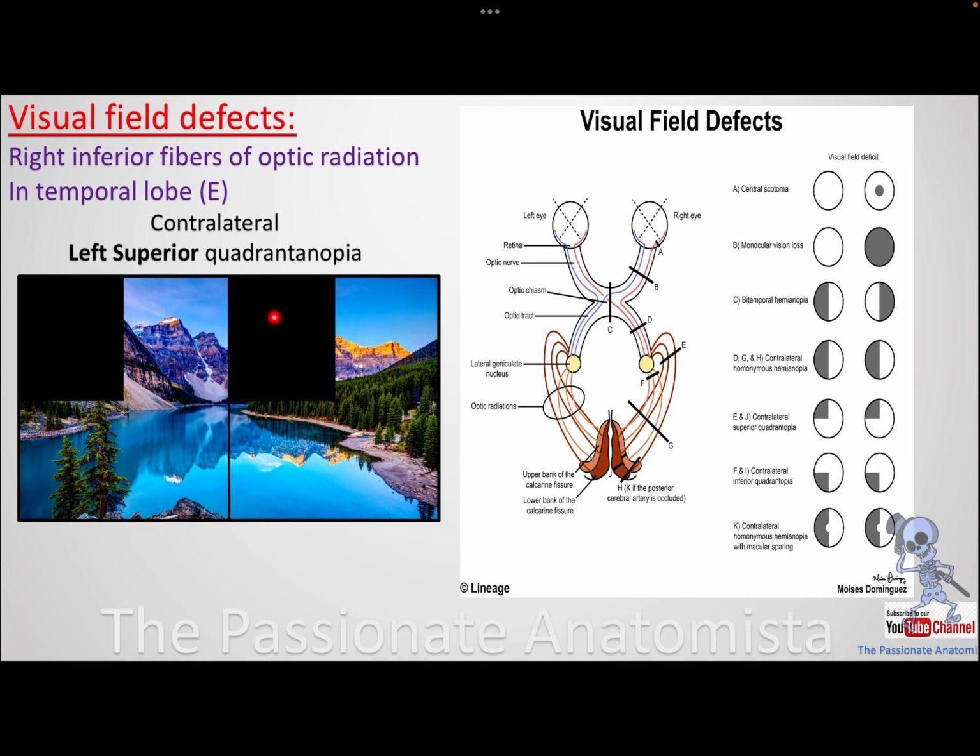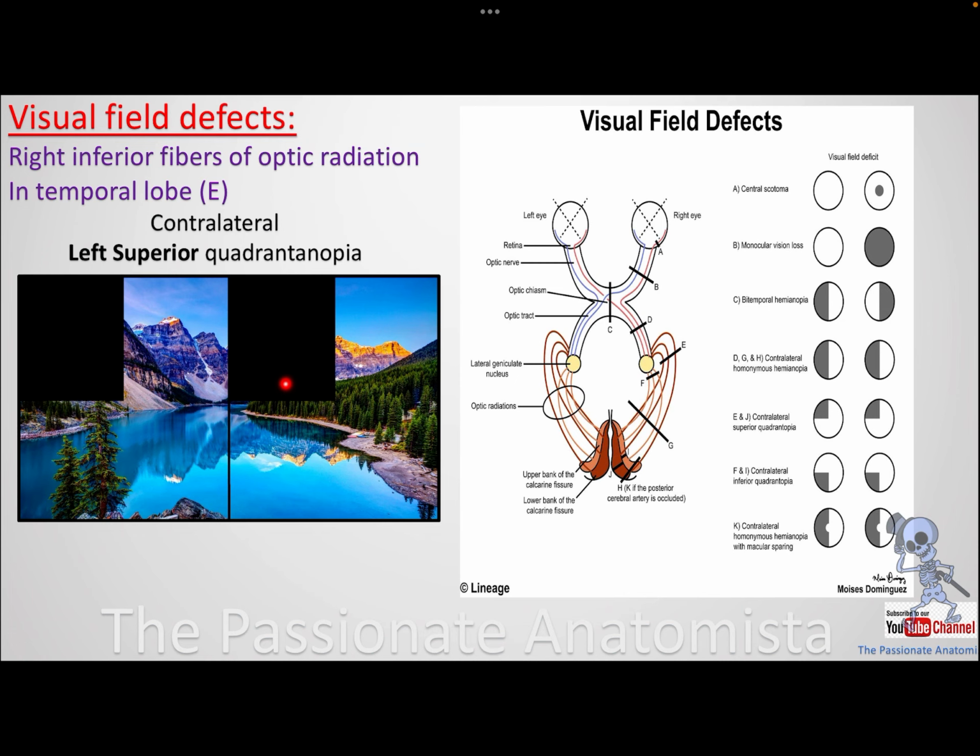It's only a quadrangular problem, only 1/4 of my visual field. Okay, guys. So if I have a problem down, it's going to be up. If I have a problem right, it's going to be left of both eyes. If it's in the radiation, then it's a square problem, only 1/4 of the visual field.